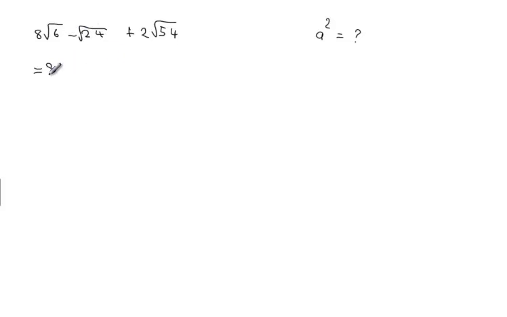So then you write this here: 8 square root of 6 minus, on this side, the square root of 4 multiplied by 6, plus 2 square root. Then again you factorize this in a similar fashion: a perfect square and something else. What is this? 9 times 6.